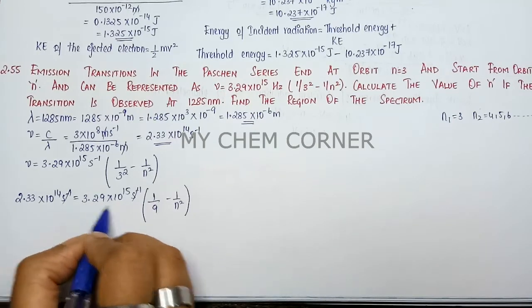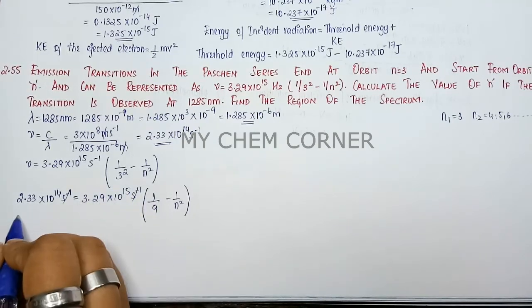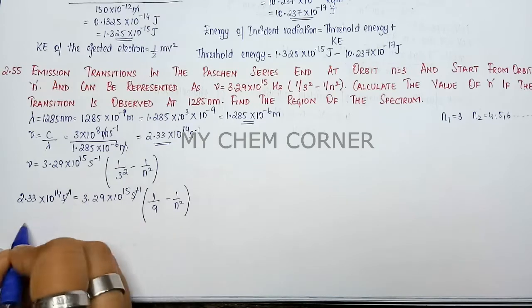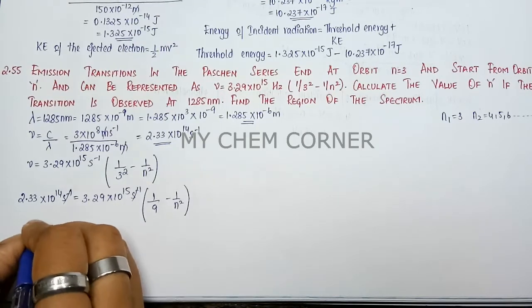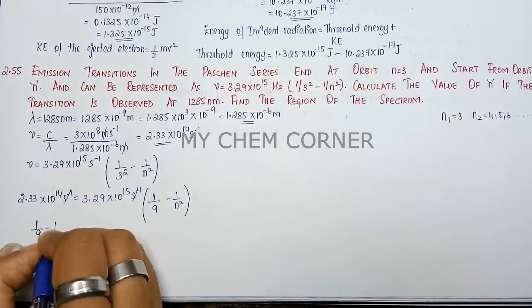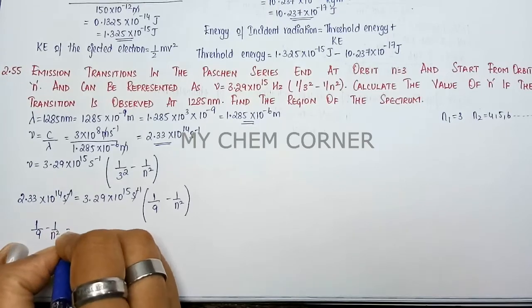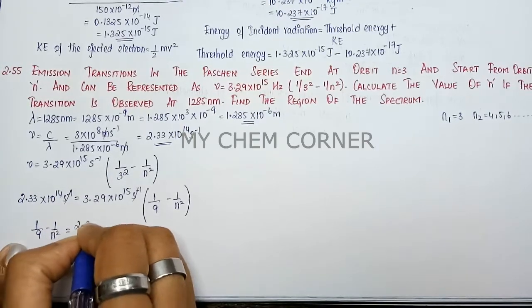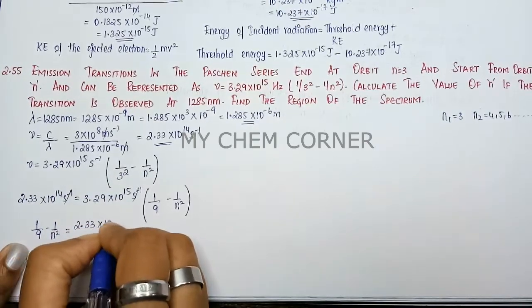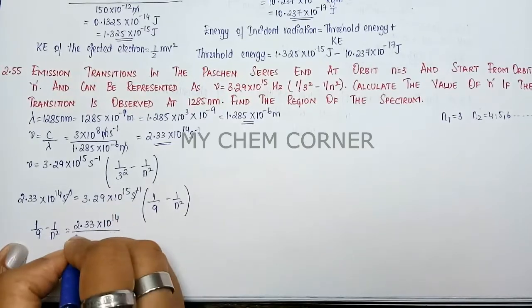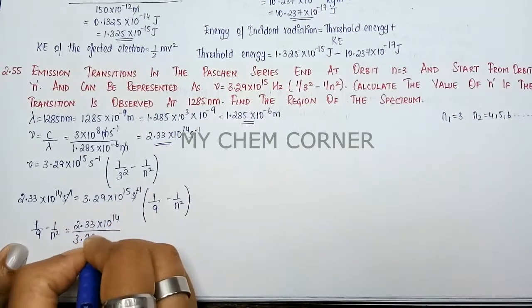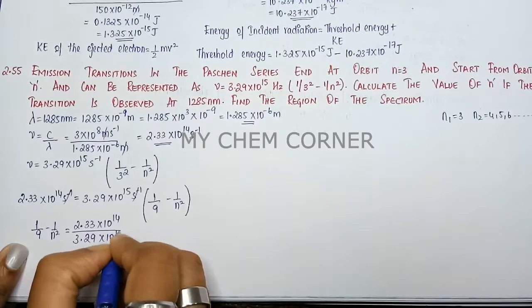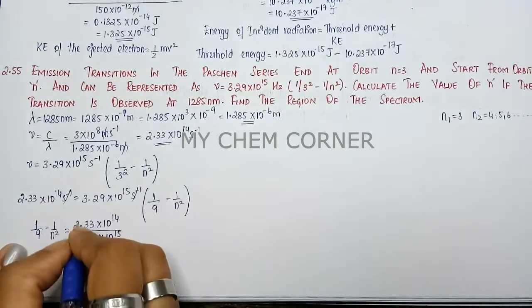Now I will take this entire factor to the other side, so it will become the denominator. So here I'll write that 1 by 9 minus 1 by n square equals 2.33 into 10 to the power 14 divided by 3.29 into 10 to the power 15. Let's divide both of these.